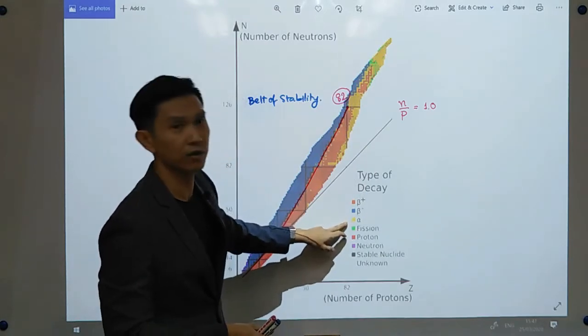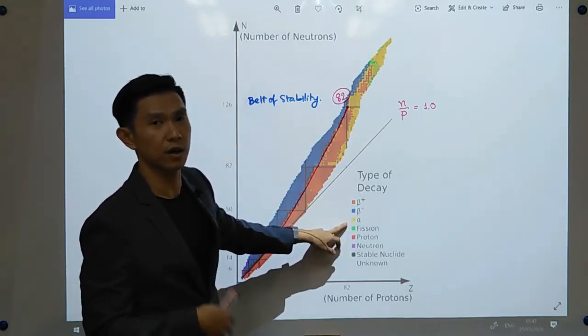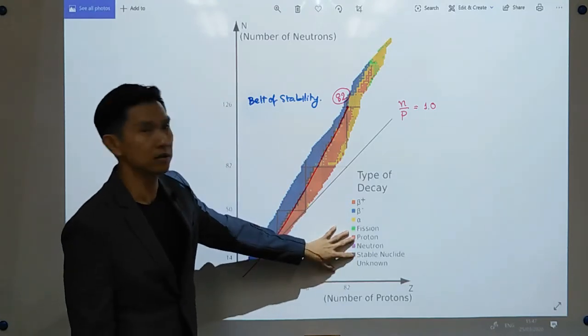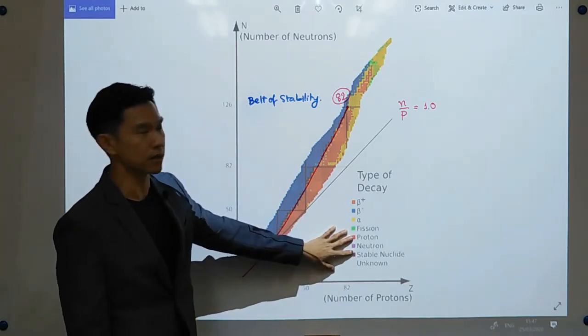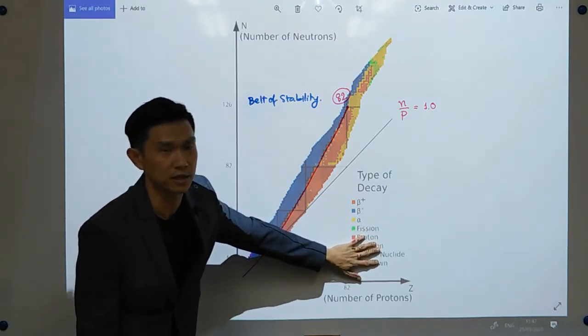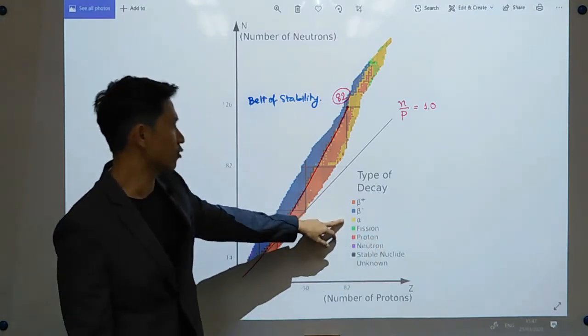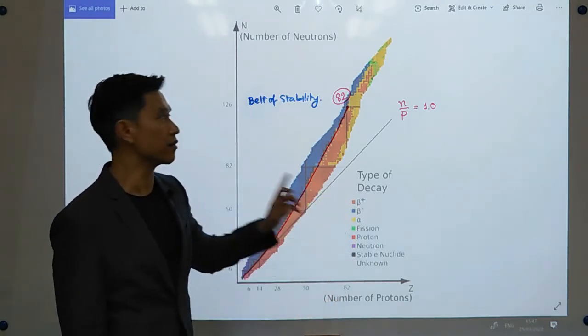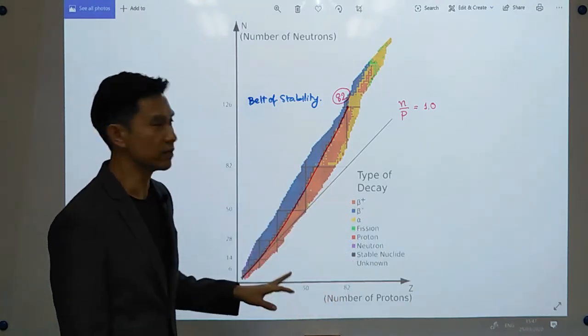The yellow color is alpha particles or alpha radiation. There are actually other types of radiation as well, but we will not focus on these rare types. We will focus on alpha, beta minus, and beta plus, which I will show you later from this slide.